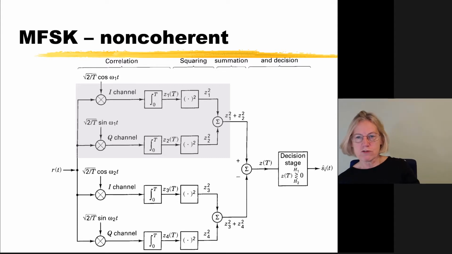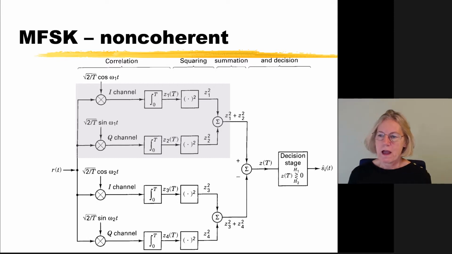So this would be using the coherent receiver structure to see the operations that would be necessary to get at an energy. And we would get an energy in each one of the branches, and then our decision stage would just say, choose the branch with the most energy.